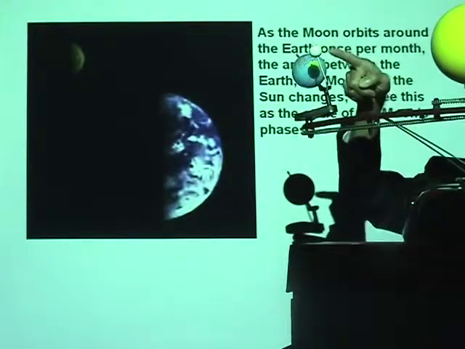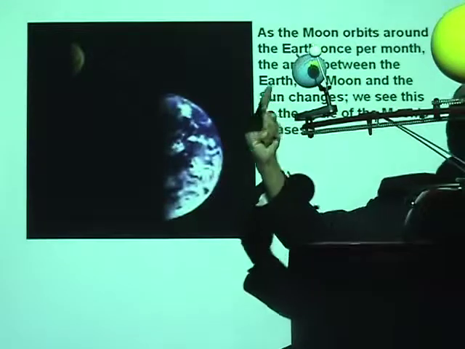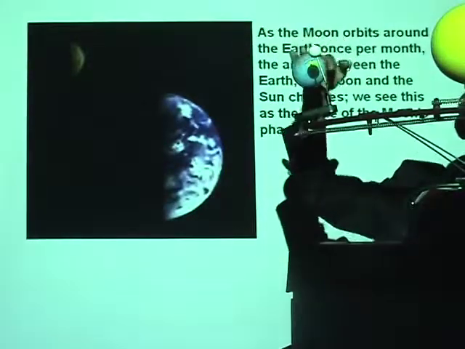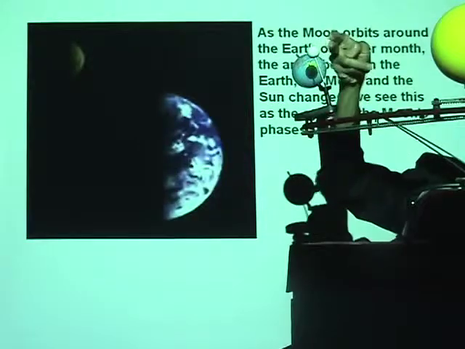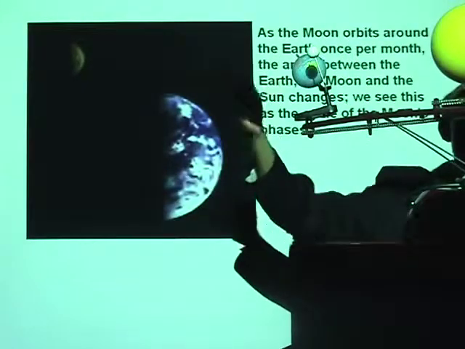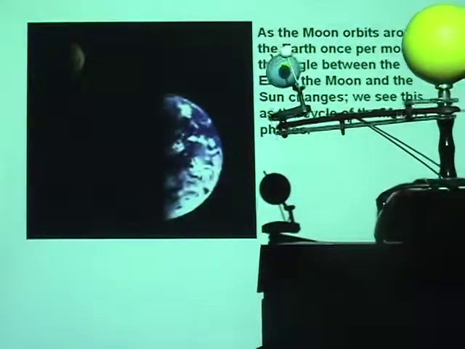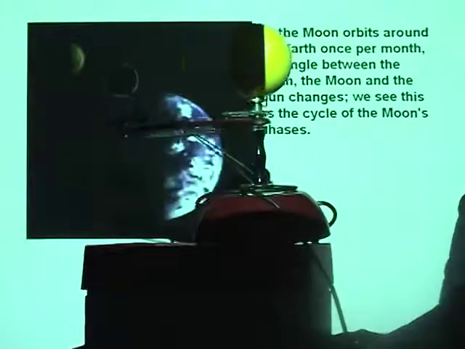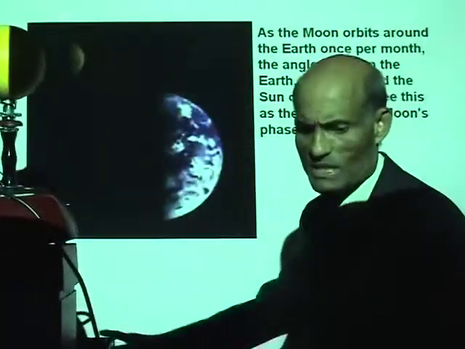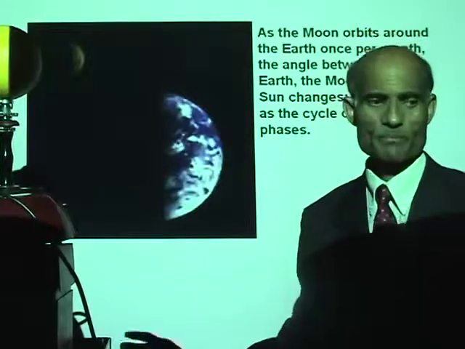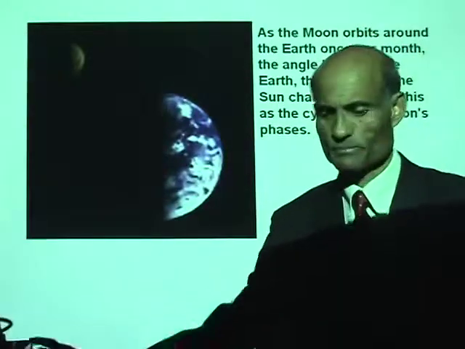Now, the plane of the moon's orbit will keep changing. And it is that changing plane that creates the phases of the moon. And we will look at that in a little more detail. Alright.